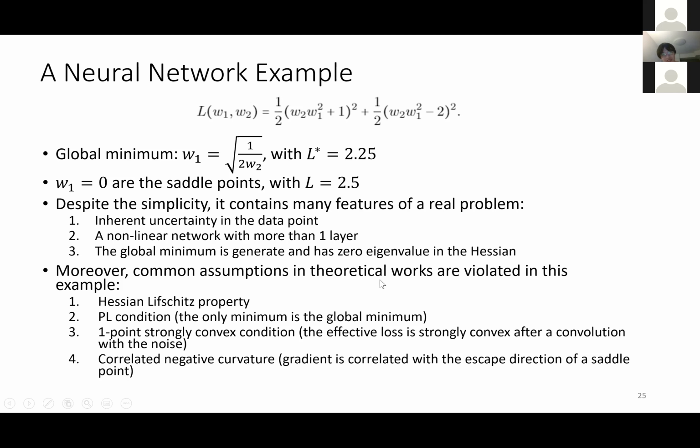Moreover, common assumptions in theoretical works are violated in this example. For example, there is no Hessian Lipschitz property. It also violates the PL condition and the one-point strongly convex condition. And for the saddle points, it doesn't satisfy the correlated negative curvature assumption. Please read the paper for why they are violated. For now, I will just state these as facts.